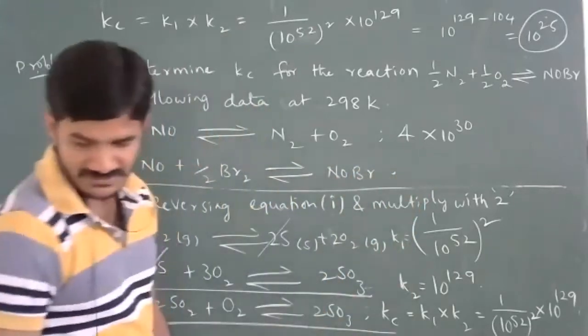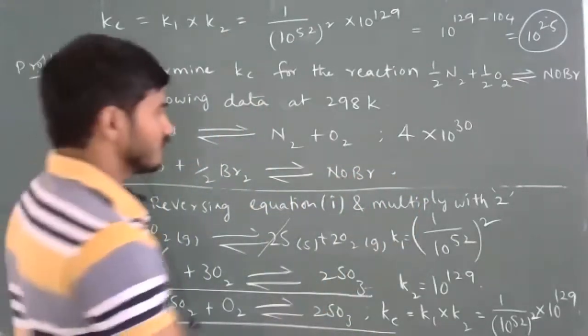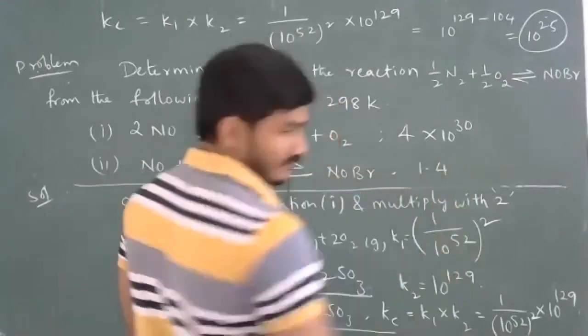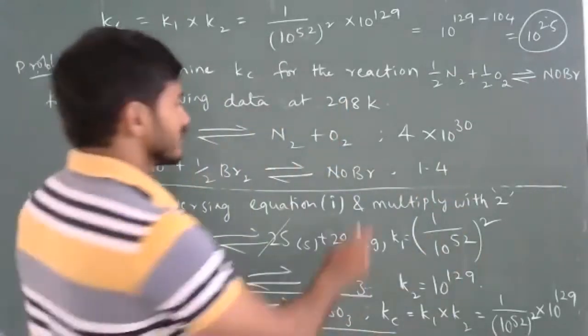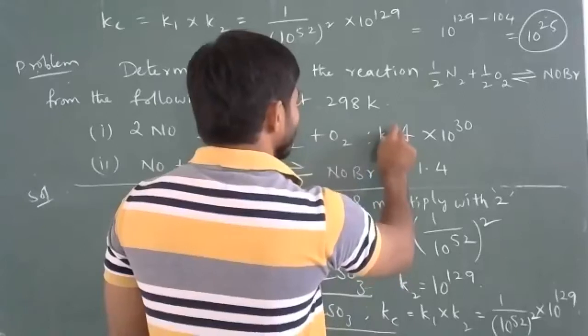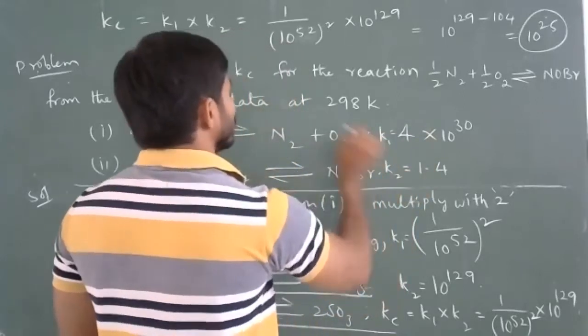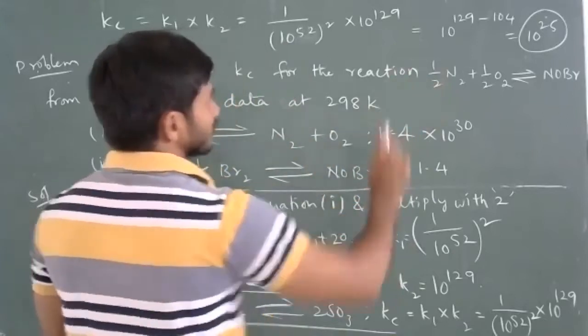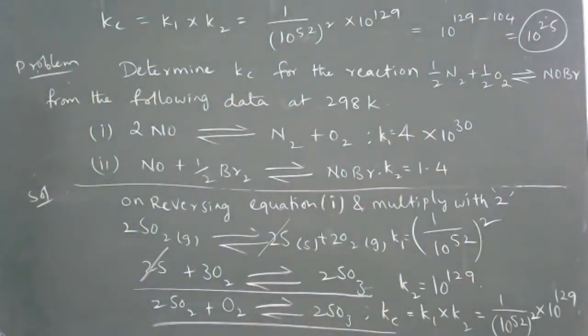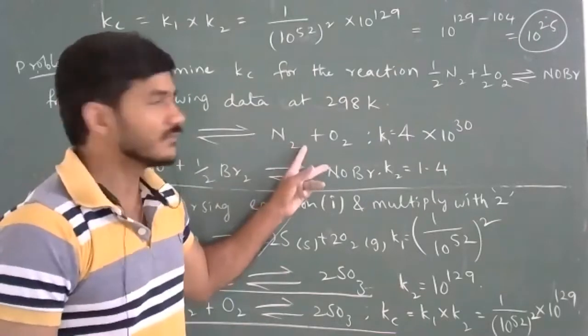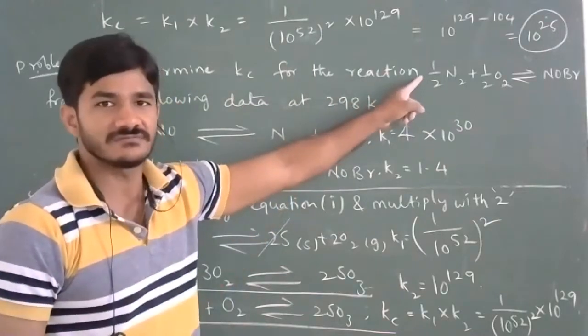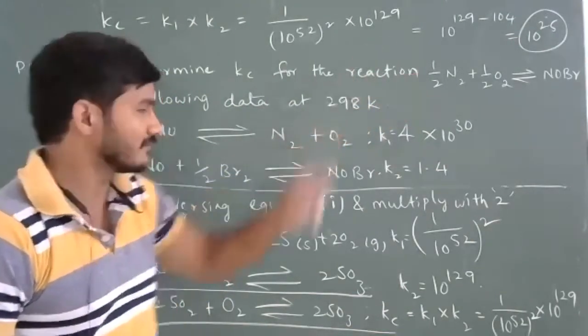For this, the equilibrium constant is 1.4. This is K1, and this is K2. So find out the Kc for this equation by using these two equations. This is our required equation.